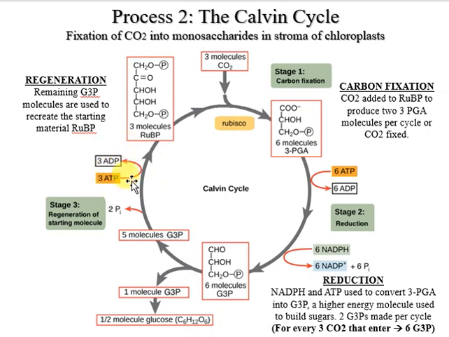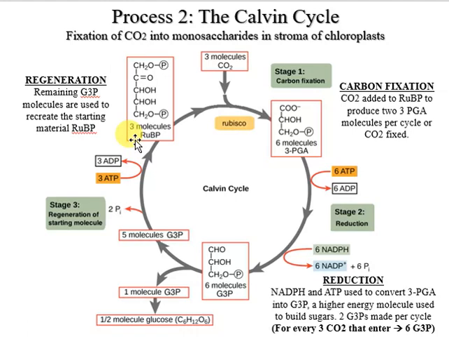Basically, in order to get this regeneration, what happens is the carbon skeletons of these G3P molecules are rearranged, and then 3 more molecules of ATP are used to allow for this regeneration or rearrangement and addition of components to create 3 molecules of RuBP.